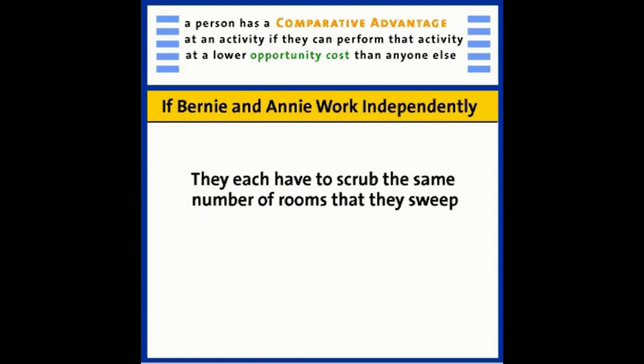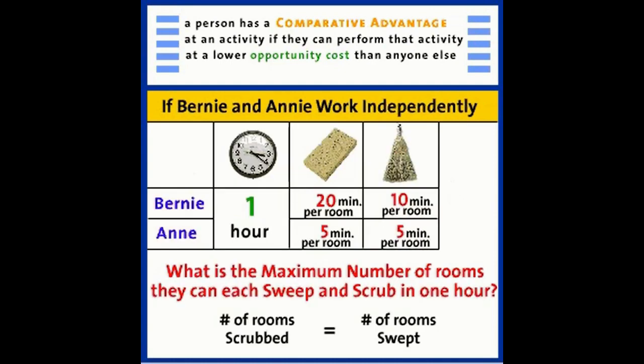Well, the numbers that work for Bernie, as it turns out, are 2 rooms. Bernie can sweep 2 rooms, and that takes him 2 times 10 minutes each for a total of 20 minutes worth of sweeping. That leaves him 40 minutes for scrubbing, and since it takes him 20 minutes to scrub a room, 40 minutes divided by 20 means that he has time left to scrub the 2 rooms.